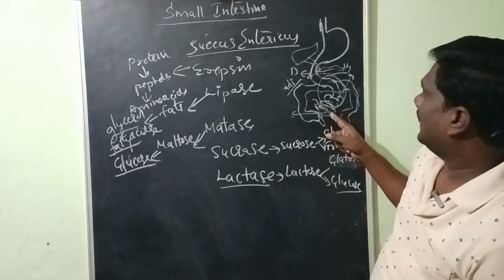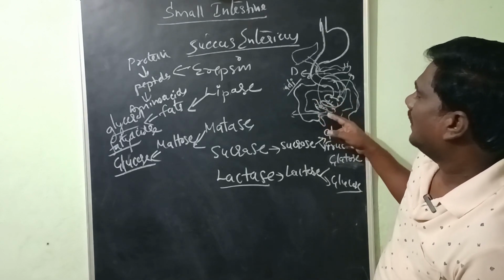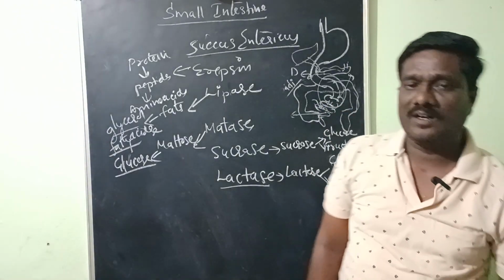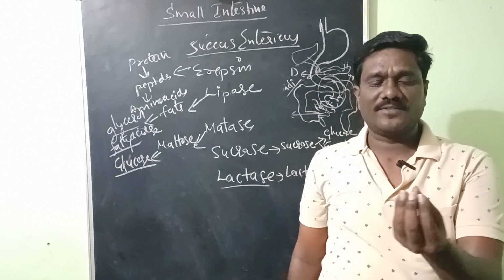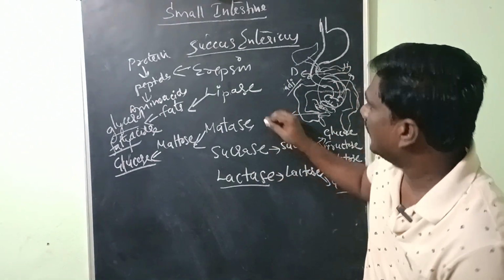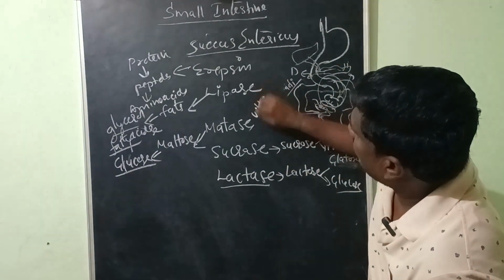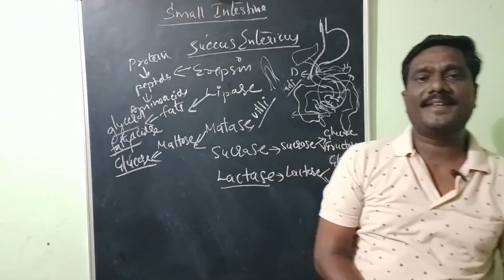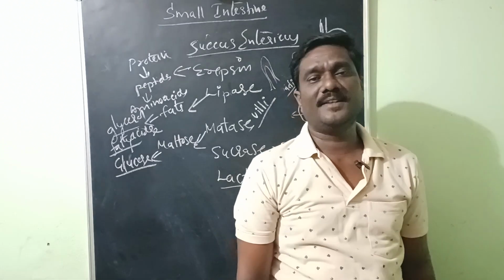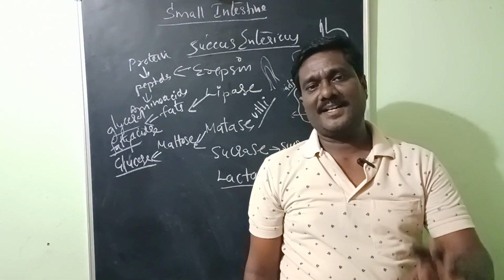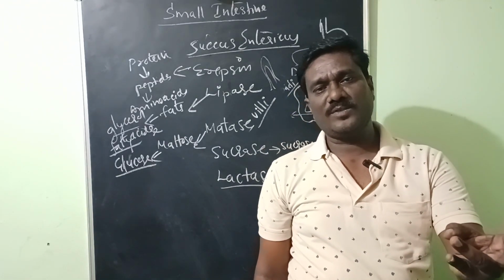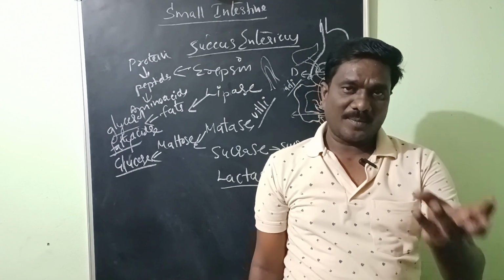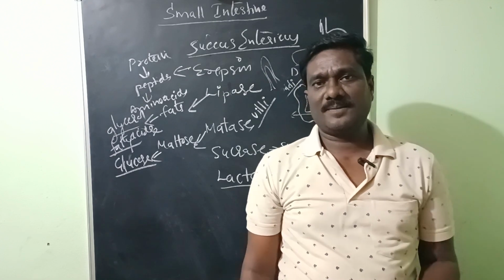In the ileum area, absorption happens. The walls of the small intestine have finger-like projections called villi. These villi are surrounded by blood capillaries and lacteals. Amino acids and glucose molecules are absorbed by the blood capillaries.